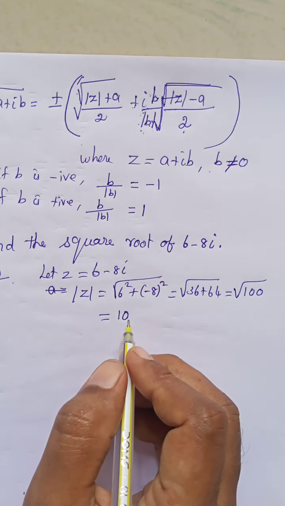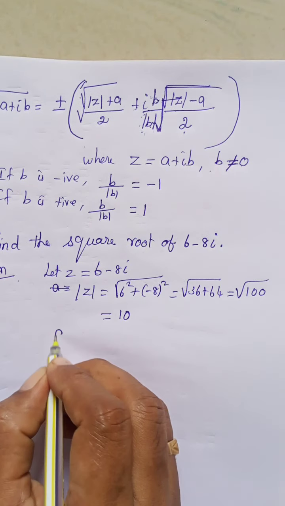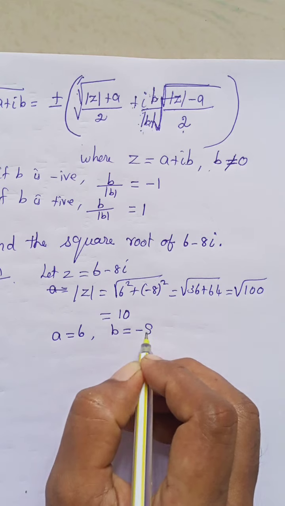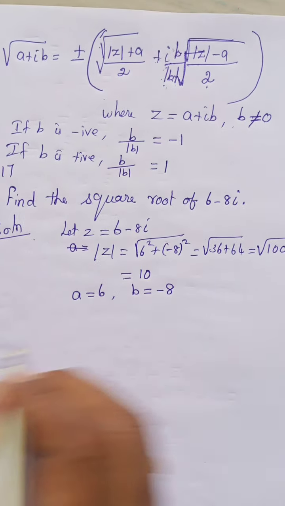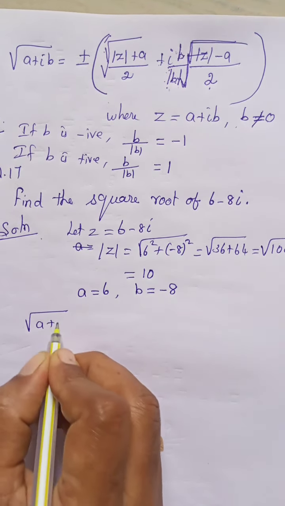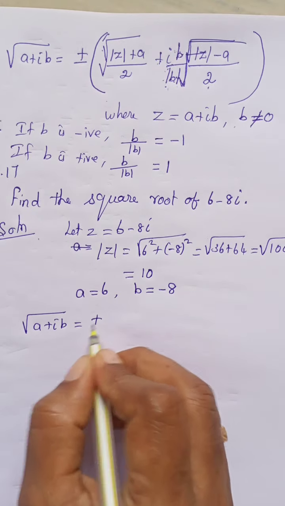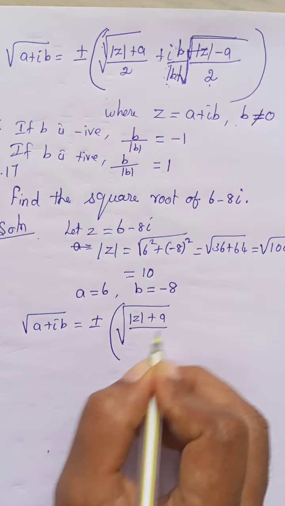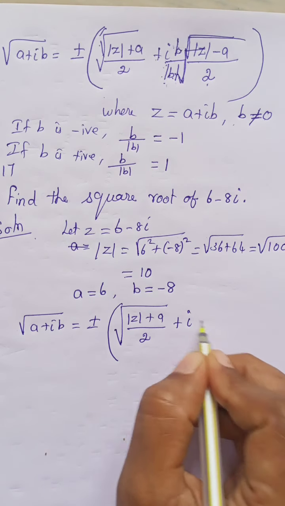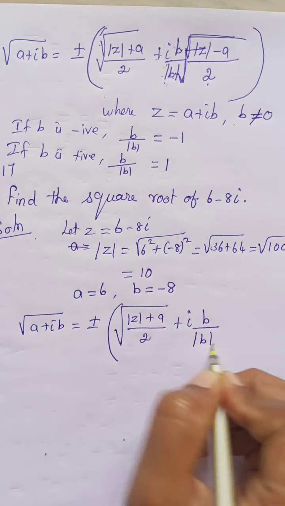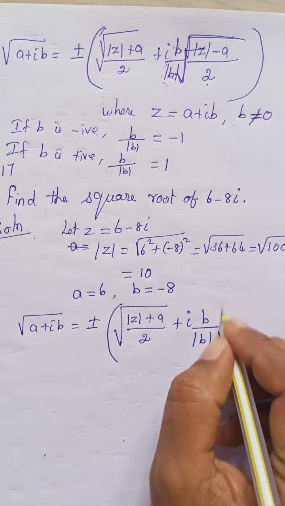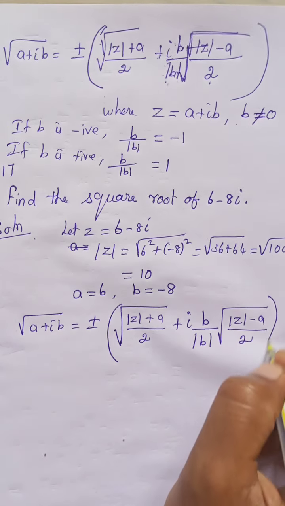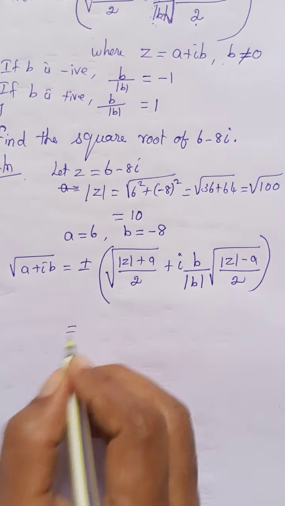So modulus z value we have got. I am writing the value of a is equal to 6 and b is equal to minus 8. So we have that root of a plus ib is equal to plus or minus root of modulus z plus a divided by 2 plus i into b by modulus b into root of modulus z minus a divided by 2, isn't it?